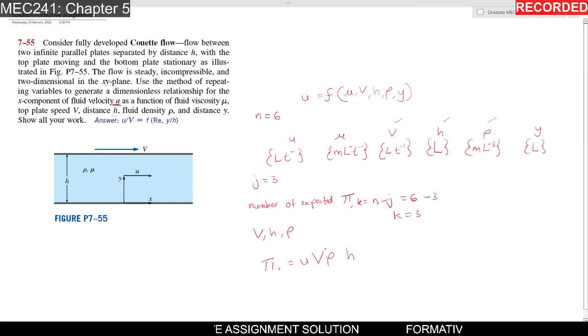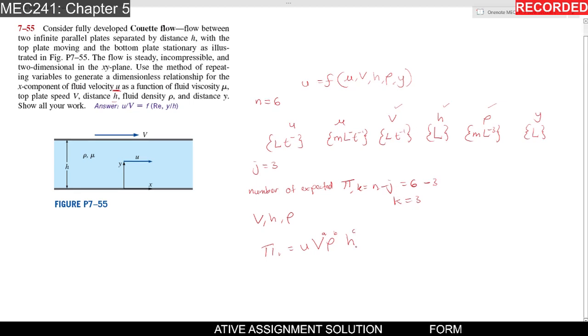Okay, and then you put exponents of a, b, and c. Okay, and then we list down the dimensions.